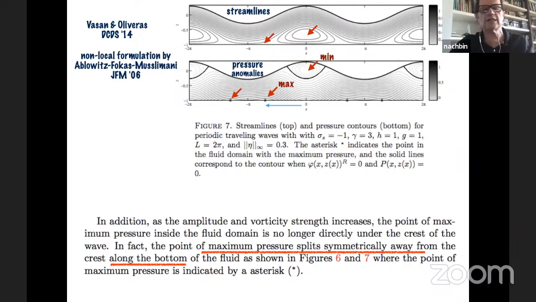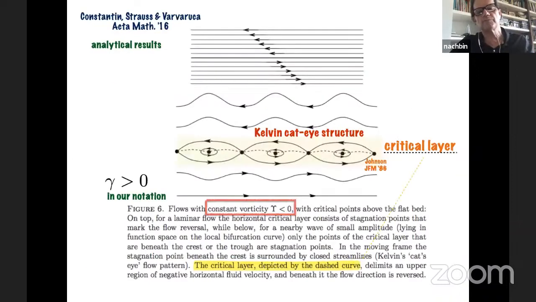So we said, let's try to capture this numerically. And the other very interesting thing, of high interest in the literature and pointed out by the analysts and by Adrian Constantin, with slightly different definitions, and studied mathematically by these people recently, is that you have the Kelvin cat-eye structure and the critical layer.